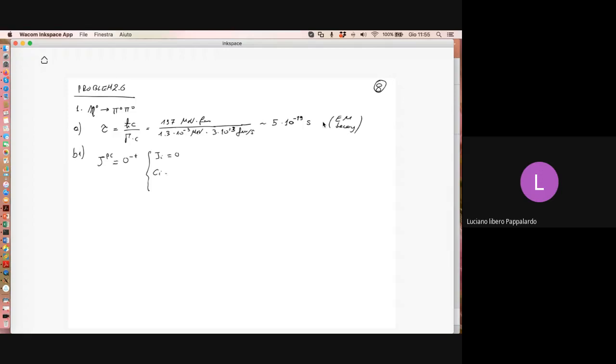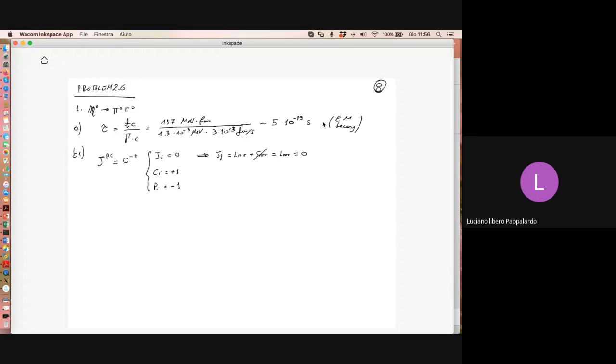The initial charge conjugation must be +1, and the initial parity must be -1. Now, again, angular momentum conservation requires that also the final state angular momentum is the same, so it's also 0. Since the decay is into pions and pions are spinless, again, we only have the orbital angular momentum that is 0.